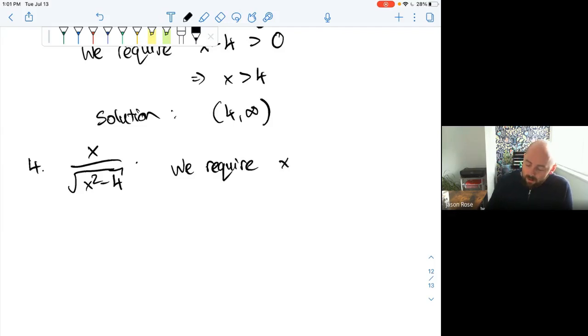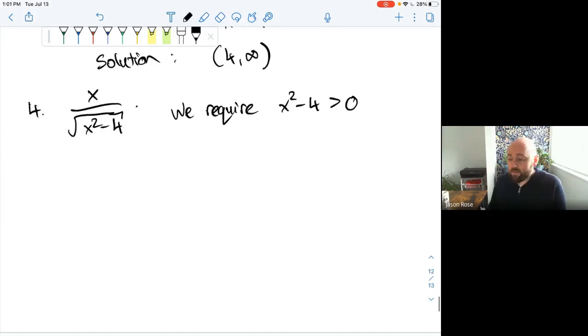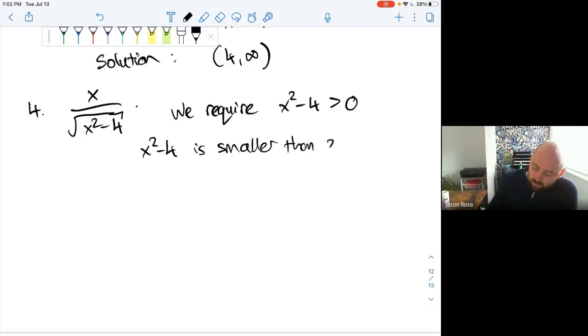So again, we require x squared minus 4 strictly greater than 0. There's a few ways you can know how to do this. You can kind of know what the graph of this looks like and know where it dips below the x-axis. You'll be able to solve polynomial inequalities and know where things go 0. So x squared minus 4 is smaller than 0 when x is between negative 2 and 2.